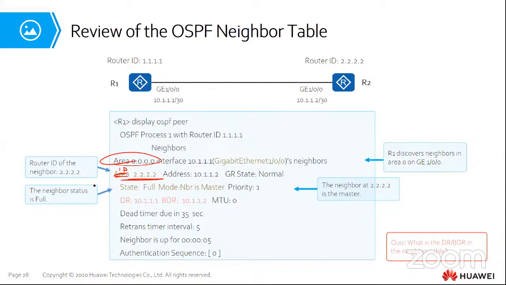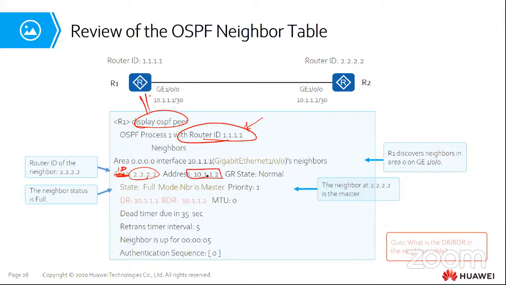Then the ID of the neighbor; the ID of the router itself is here. We are running display OSPF peer on router 1. It will show router 1's ID from there. Somewhere it will show the ID of the neighbor and the IP address of the interface through which this neighbor connects to us.